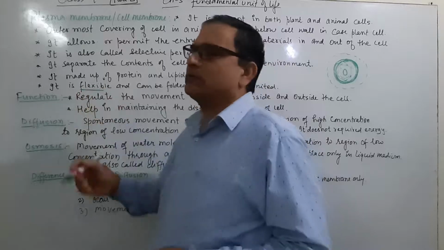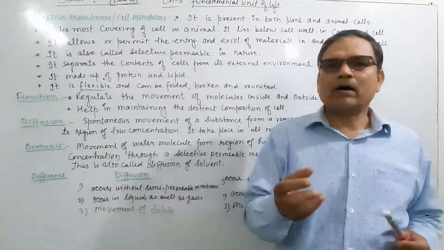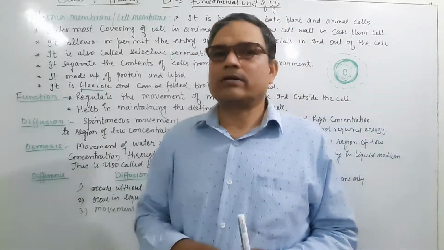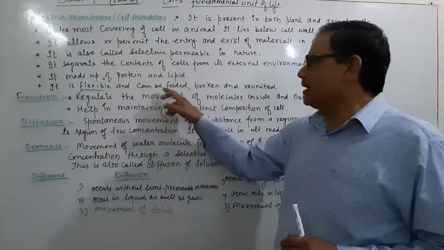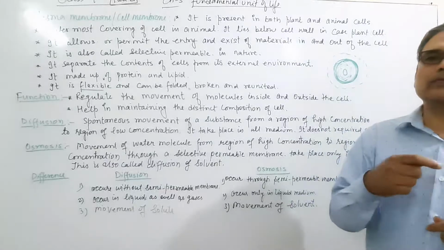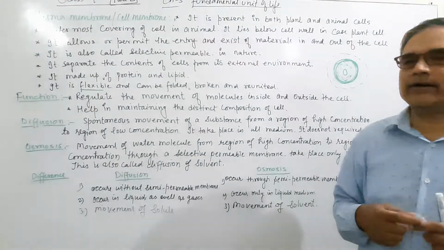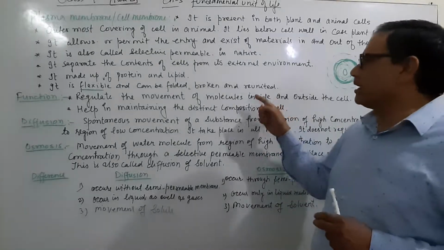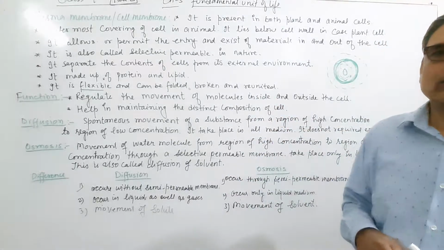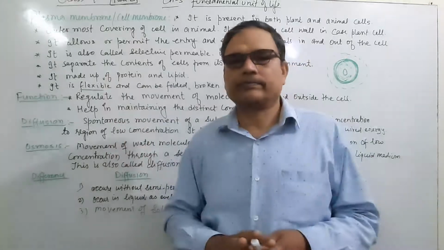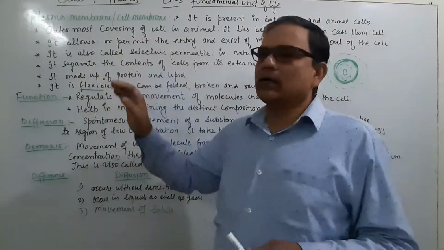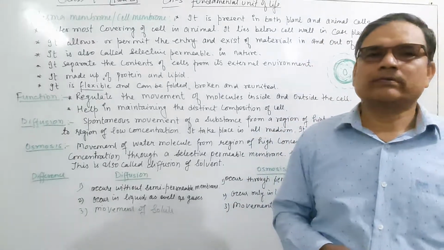Due to its flexibility, amoeba obtains its food by endocytosis. Also due to its flexibility, it can be folded, it can be broken, or it can be rejoined. These are the characteristics of the plasma membrane.